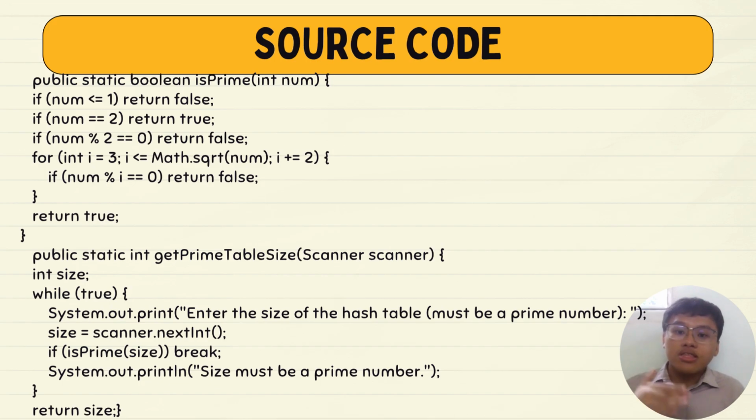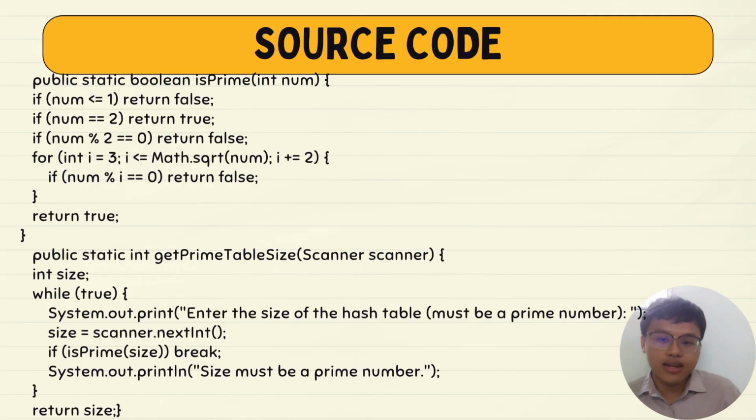Then for int i equal to 3, we use a for loop. If the number divided by i has a remainder equal to 0, then we return false because this is not a prime number. Else we return true.